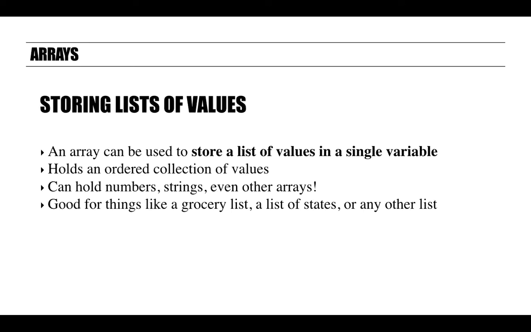You can store a list of values in a single variable, and it could be different values of different data types. You can hold numbers, strings, and other arrays in an array. This is in case you want to hang on to multiple things that are related to each other.